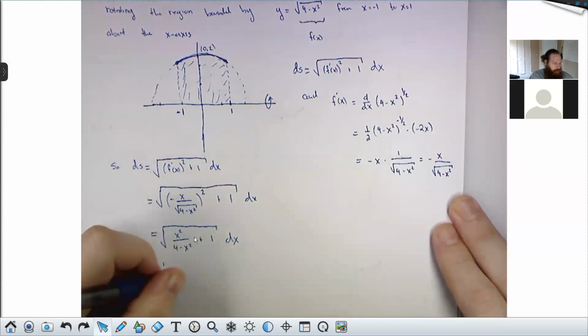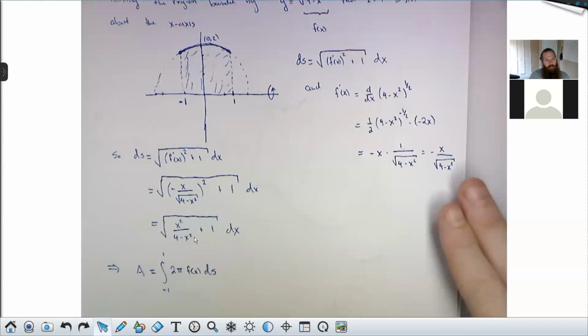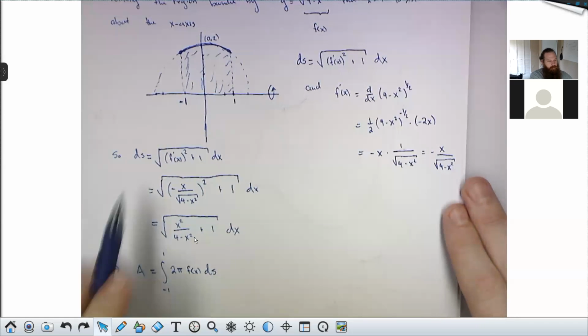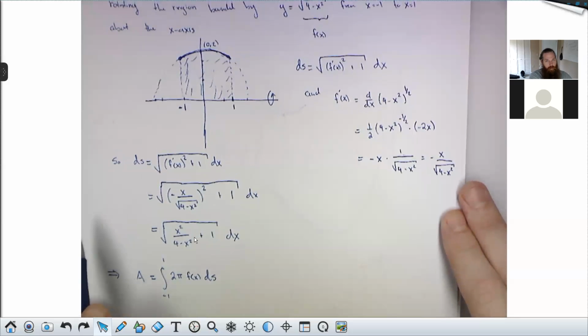Remember, it's 2 pi f of x times ds. That's the recipe. ds is this little arc length element that we just cooked up and simplified. And f of x is this function that we started with.